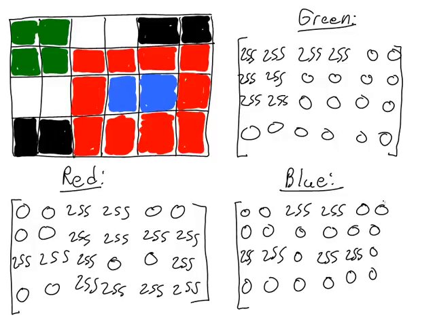Now, we want to detect just the two blue pixels in this image. If we look at the blue matrix, we see that if we simply take the blue matrix by itself, we won't only detect the blue pixels, we will also detect the white pixels.